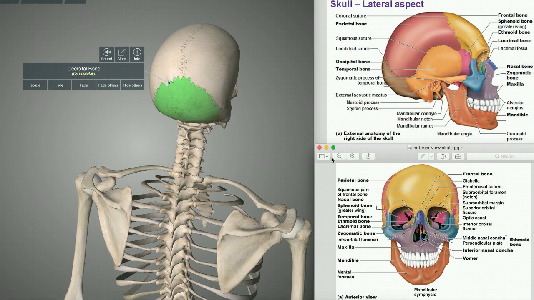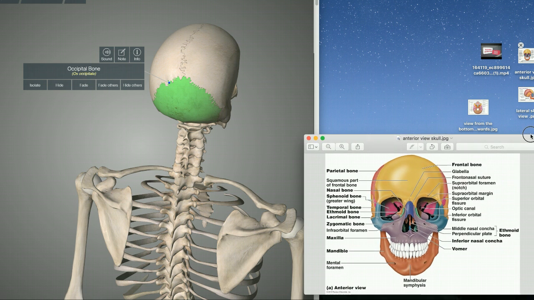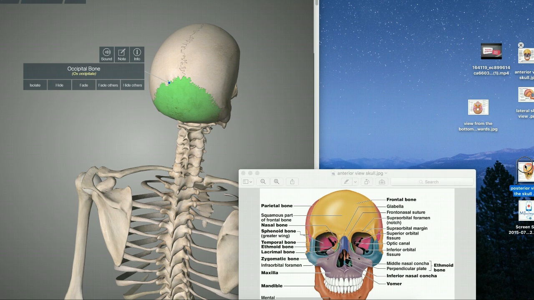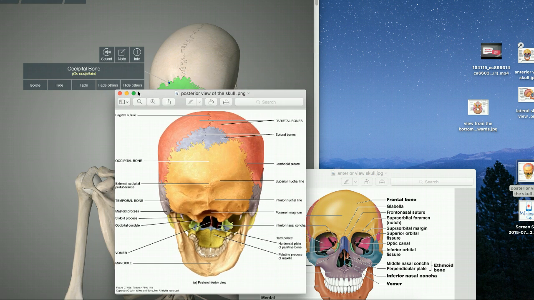So if I was to go down, minimize this, and open the posterior view. Right, just bear with me a second because I have to get this sorted out.